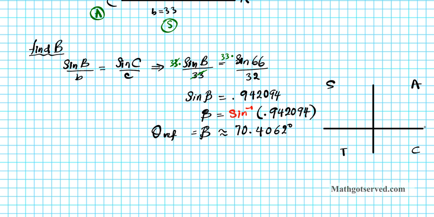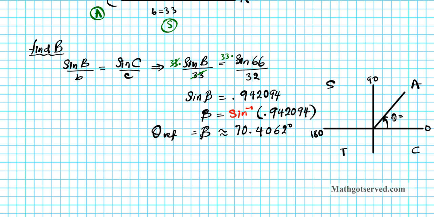All right, this is 0, 90, 180. So since any angle in a triangle can be between these values, and sine is positive in these two quadrants, we have two possible values for sine. The first one is in quadrant 1. That is theta reference, the first reference angle. So let's mark that. So this is theta.